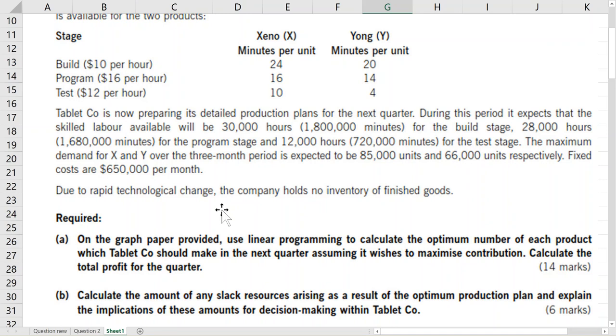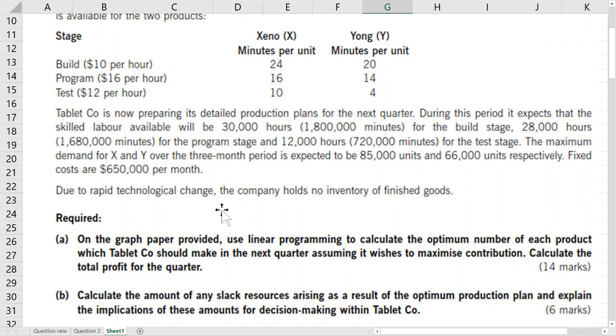The maximum demand of X and Y over the next period is expected to be 85,000 units and 66,000 units respectively. Fixed costs are 650,000 per month. Due to rapid technological change, the company holds no inventory of finished goods.